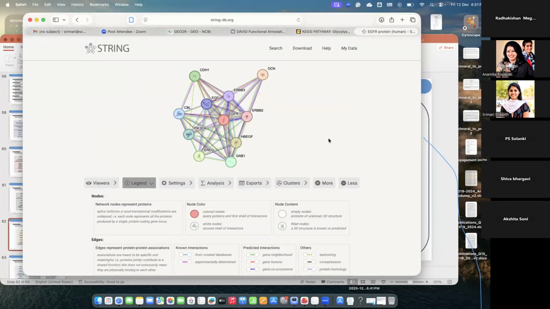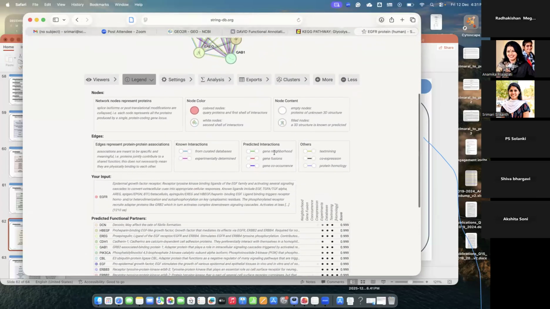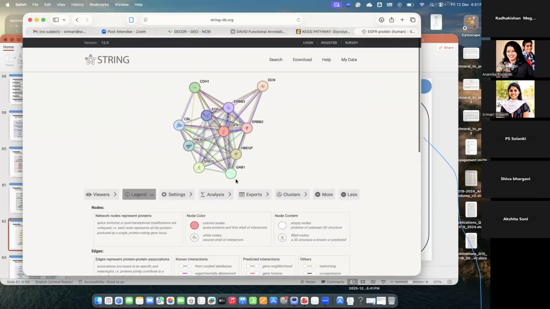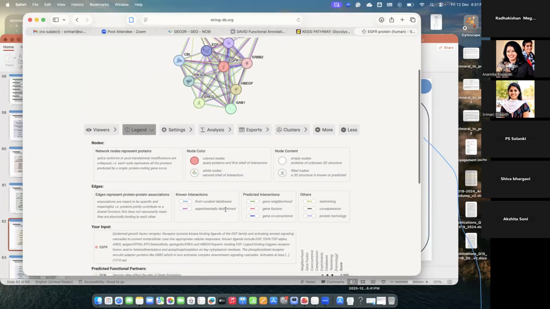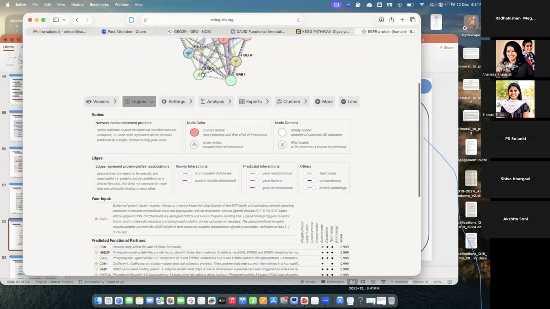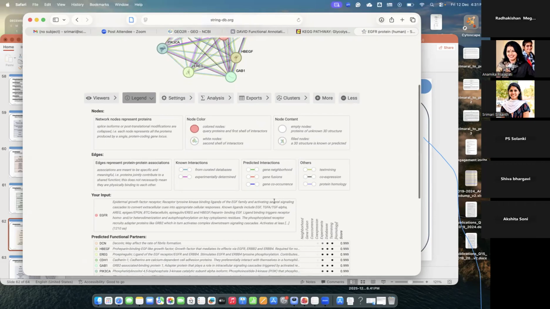So here it displays the protein-protein interaction network. Each color represents different annotations, like from curated databases, experimentally determined, gene fusions, co-occurrence, like that.